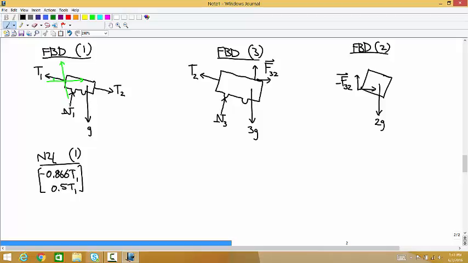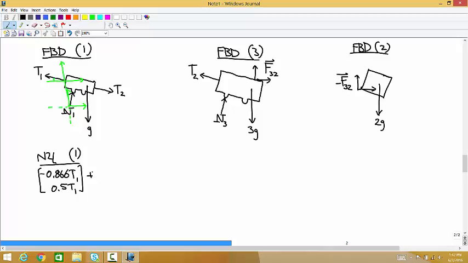Now what's the angle for this N1? I'm making this worse, aren't I? Yeah, that's right. The angle between the y-axis and this vector is 30 degrees. So this angle from the positive x-axis has to be 60.